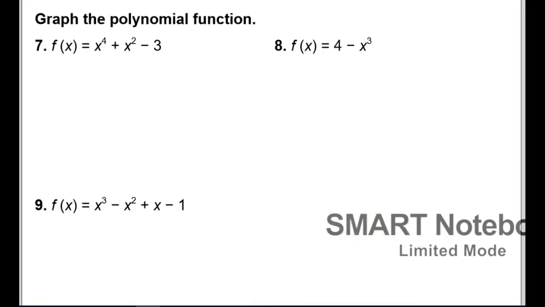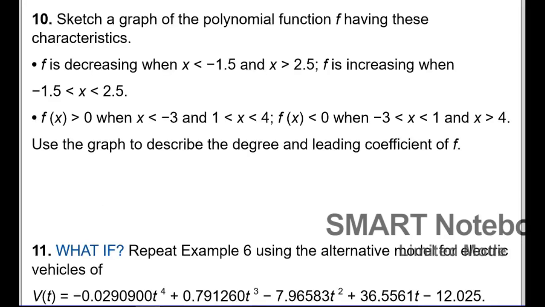So now here are some that I want you to graph. Remember, when we're graphing them, we're going to be plotting some points, picking some x values, looking at the end behavior of each graph, and then drawing a curve through the points that you've picked. Now really look at this one. See if you can figure out what your graph looks like between these different points and give a general sketch.